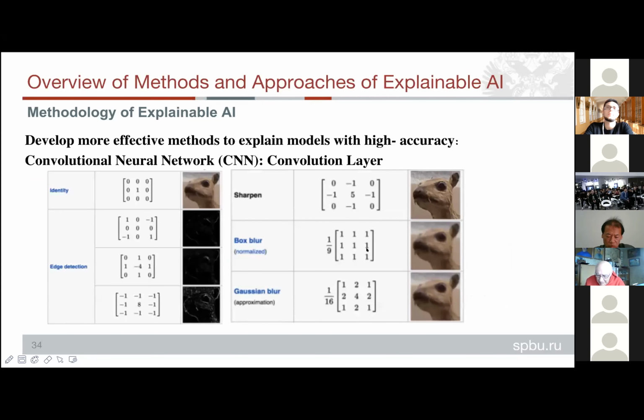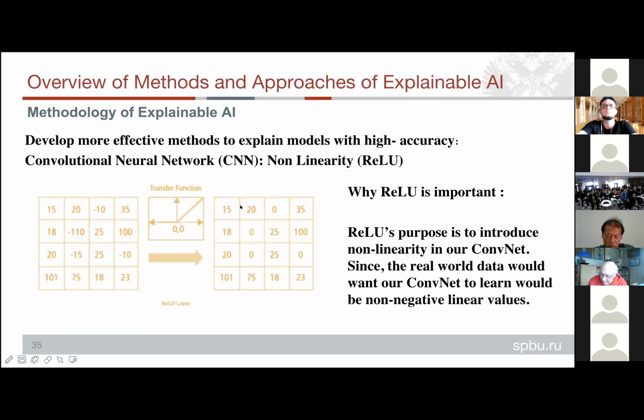Convolution of the image with different filters can perform operations such as edge detection, blur, or sharpen. And after convolution, the image goes through the ReLU function. ReLU's purpose is to introduce nonlinearity in our net, since the real world data we would want our net to learn would be non-negative linear values.